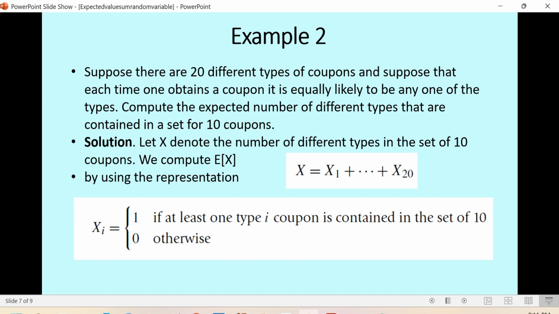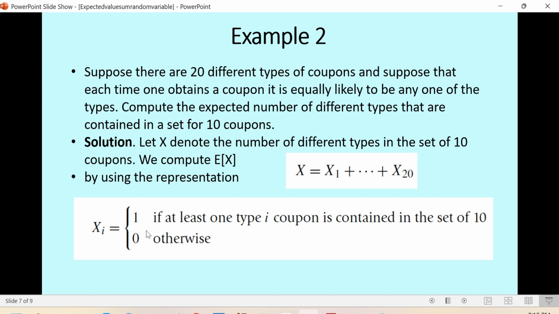But this question can be thought of as the expected number equals the summation of X1, X2, ..., X20, if we take each of them as a Boolean variable. A Boolean variable is 1 or 0, right? Or a binary variable.